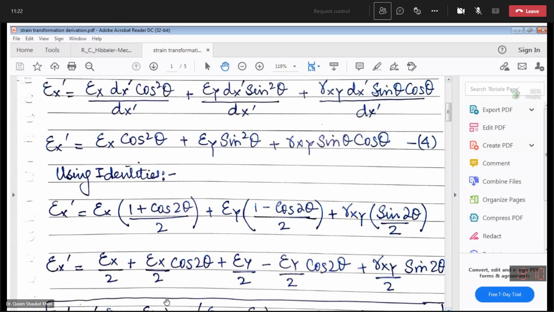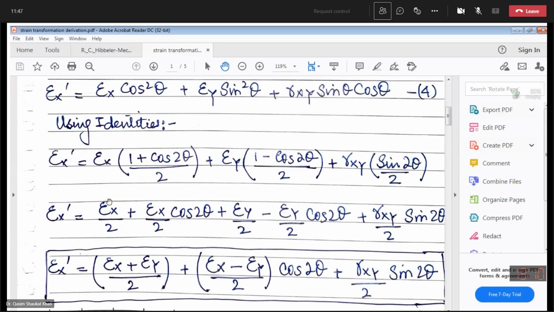epsilon x dash, further simplified, you will open up these brackets and you will get epsilon x over 2 plus epsilon x cos 2 theta over 2 plus epsilon y over 2 minus epsilon y over 2 cos 2 theta plus gamma xy sine 2 theta over 2, and after cumulating you will separate out the theta and non-theta values.